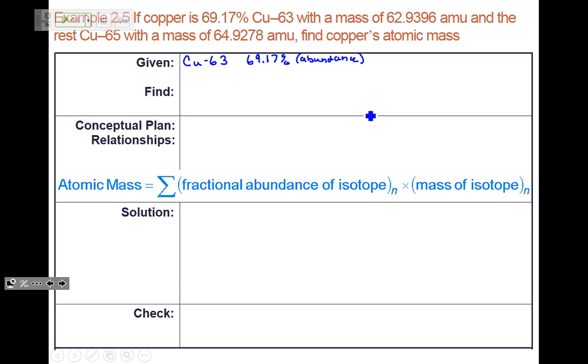And then, of course, we're also given our mass. And then we're also given our copper 65. And again, we're given our abundance. Oh, in this case, we're not given our abundance, but that's okay. We can calculate it. We have our mass of copper 65.